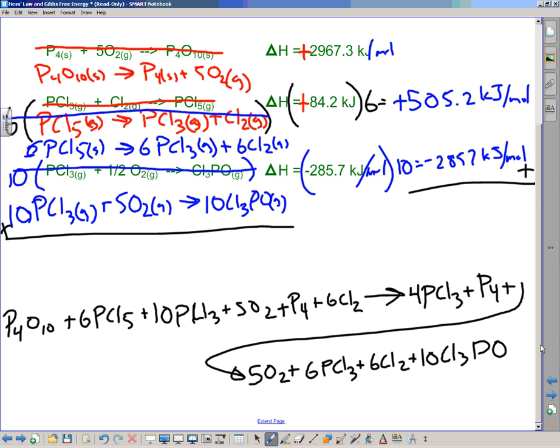Let's step back and double check everything here. Excellent. Yes, we wrote it down correct. Now we start canceling out. We have, let's see, 5O2s and 5O2s, a P4 and a P4, 6 Cl2s and 6 Cl2s.